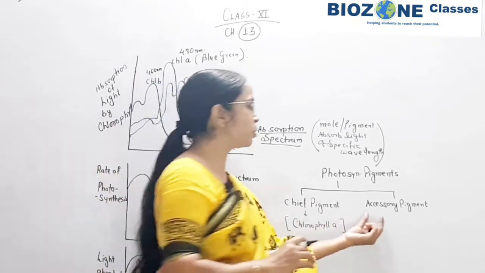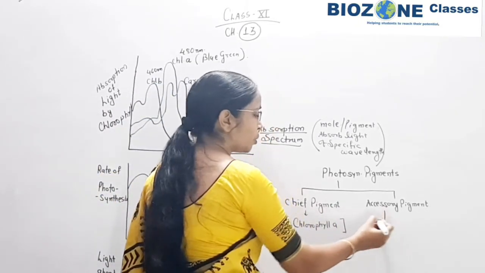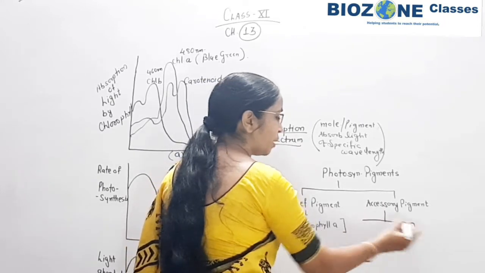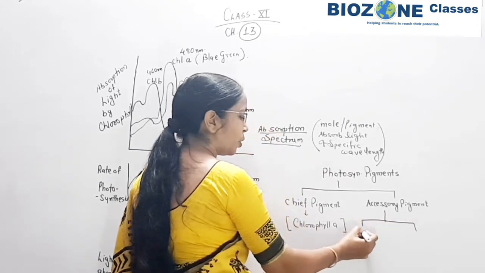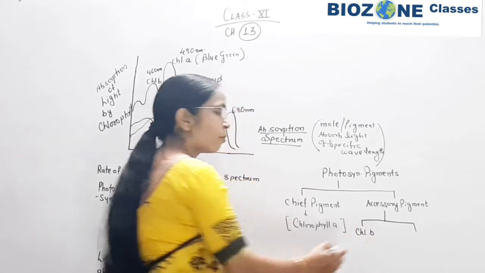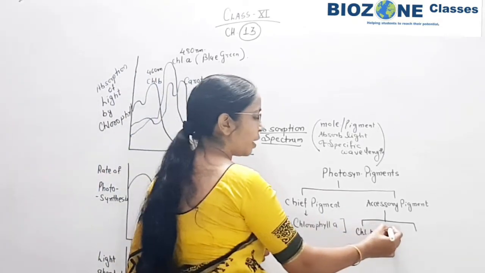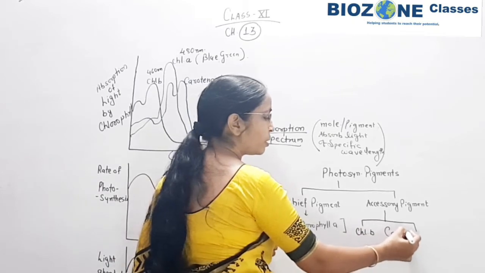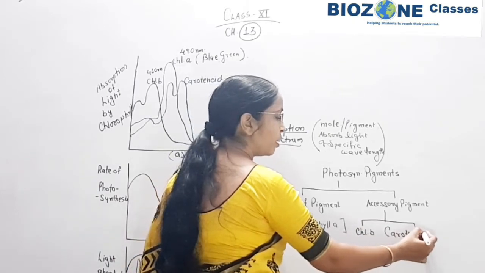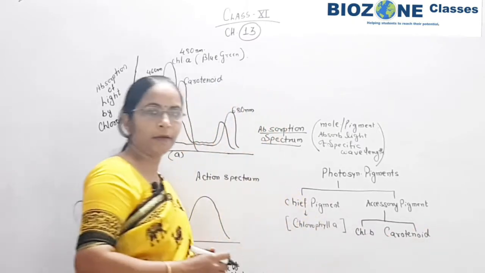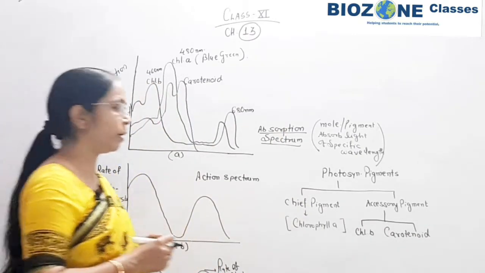Secondly, when we come to the accessory pigments, up to your level you remember chlorophyll B is an accessory pigment, and in addition to that the carotenoids also come under the accessory pigments. So you remember carotenoids.